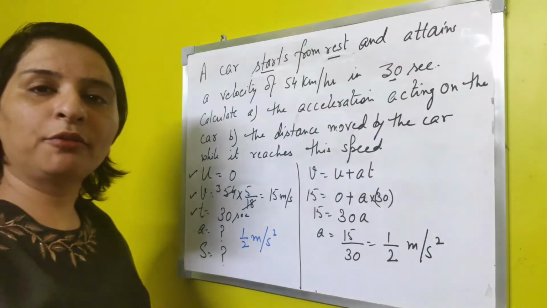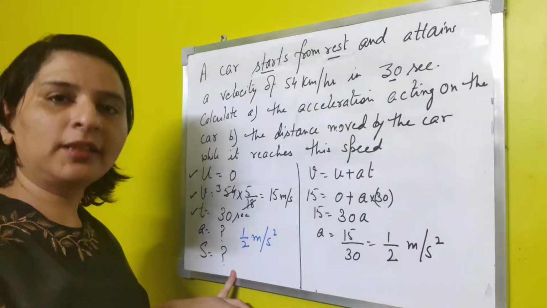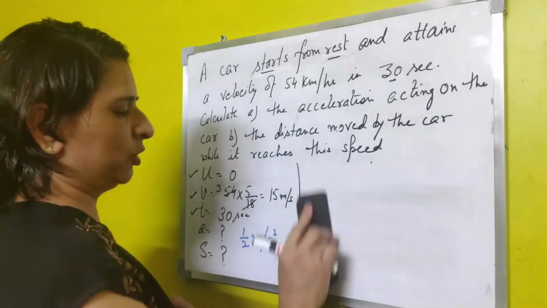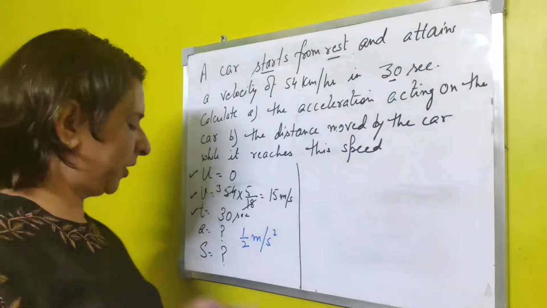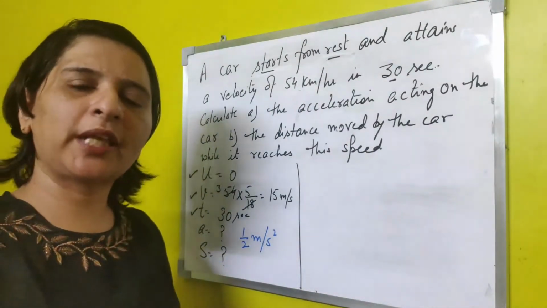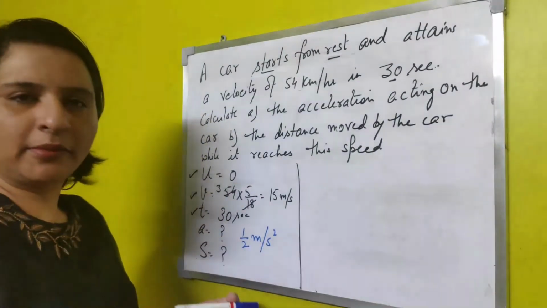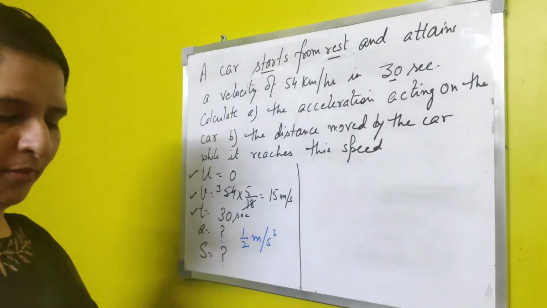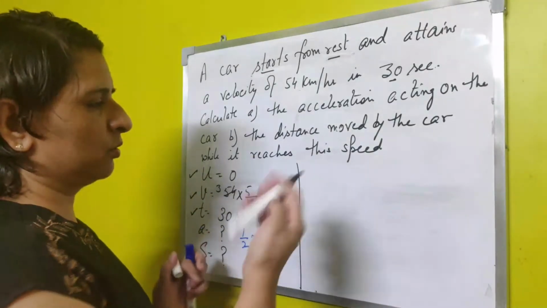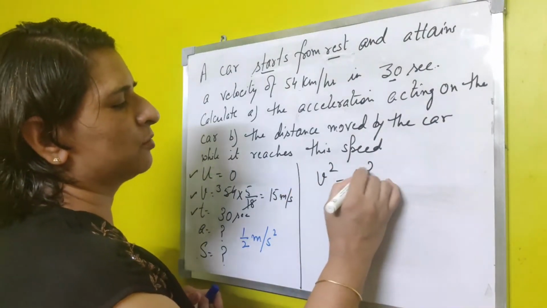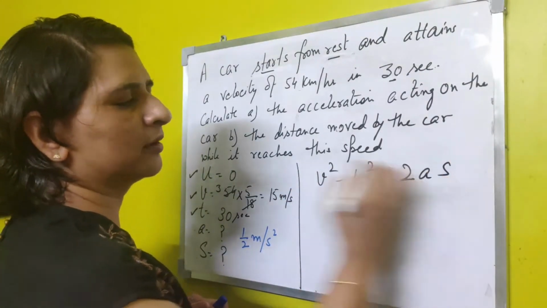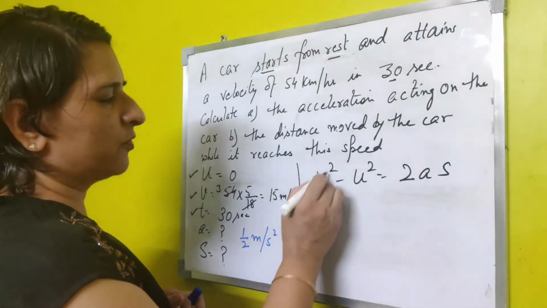Let us now try to find out the second unknown, that is the distance. Now, even to find the distance, either the second or third equation can be used. Both of them are quite helpful here. So let us try to make use of the equation V square minus U square is 2AS. What is V square?